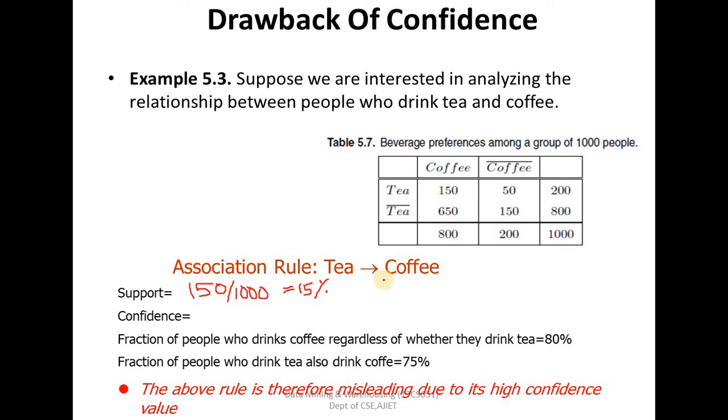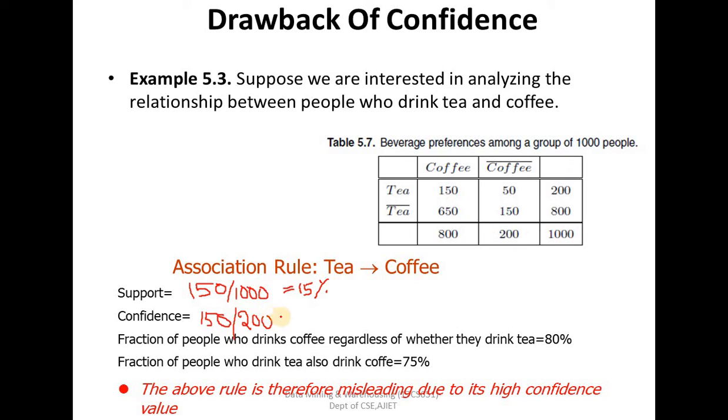Next we will calculate the confidence for this rule. Confidence is equal to the support count of both tea and coffee divided by the support count of only tea. So, the support count of both tea and coffee is 150, divided by the support count of only tea, which is 200. What is 150 divided by 200?